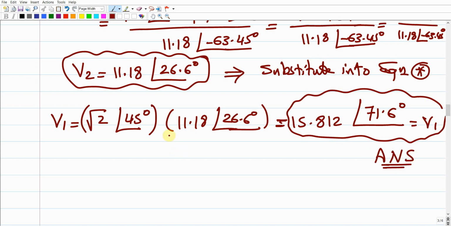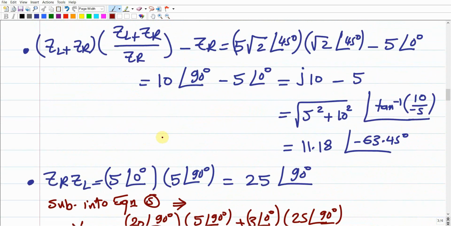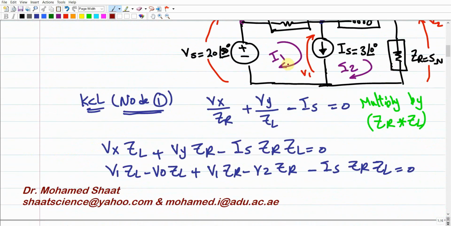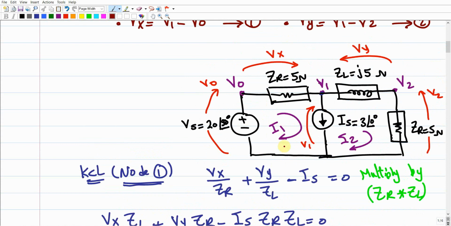Also, we still need to find the mesh current phasor here, which is I1, how much it is. So I1, according to the mesh current method, should be the current over this branch. The current over this branch is going to be this I1, but the current over this other branch will be the difference between I1 and I2, right?